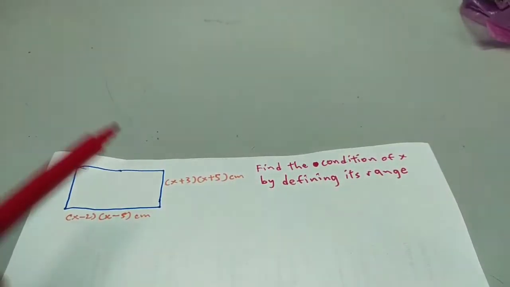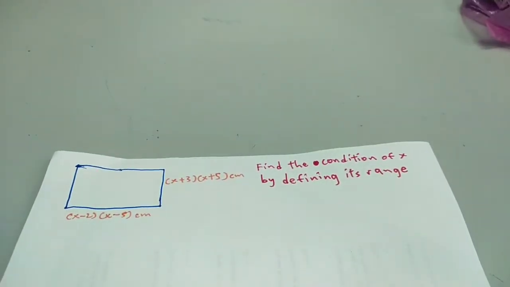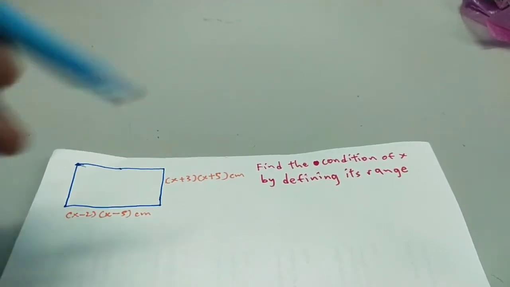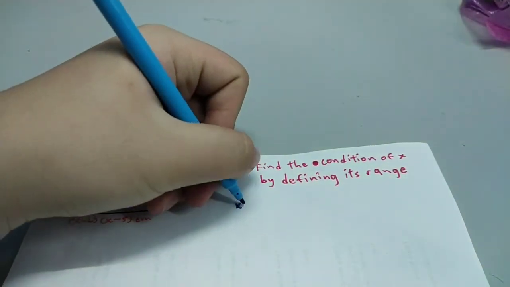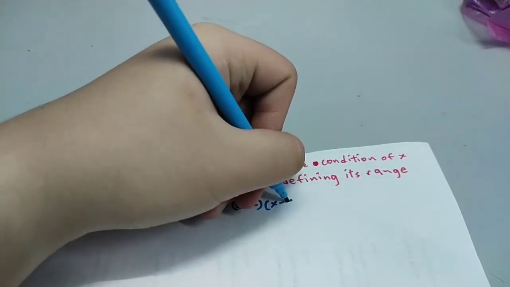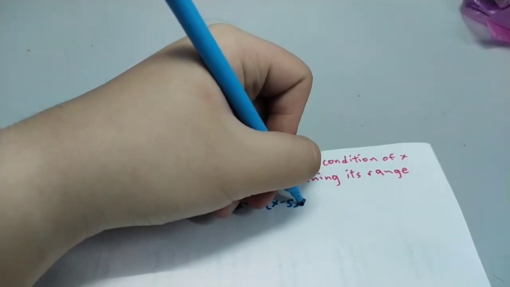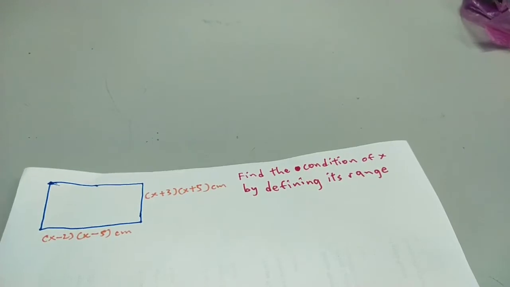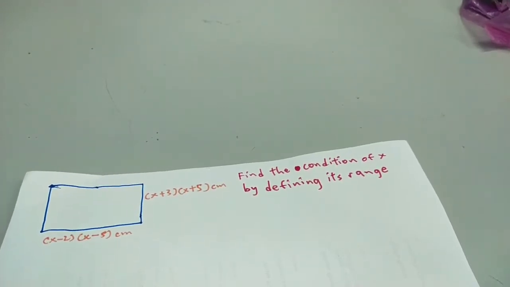The length and width must be positive, which means that (x − 2)(x − 5) is bigger than 0. Yes, I'm serious.